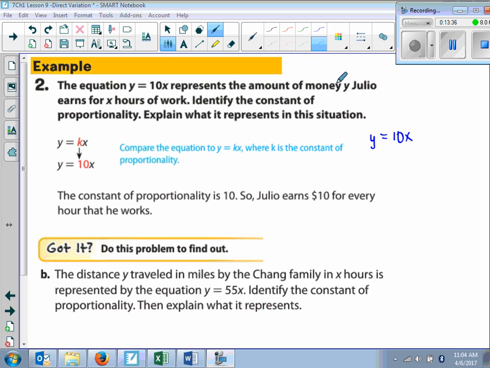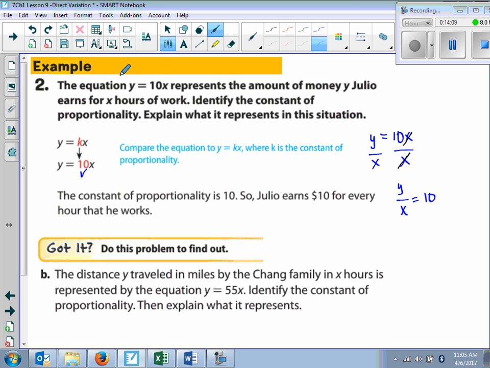We divide by x on both sides. Now those x's cancel out, and look at what we have. We have y over x, which is the constant rate of change, delta y over delta x, and that is equal to 10. And that's what we said from the beginning. Is everybody with me? So here, the constant of proportionality is 10.